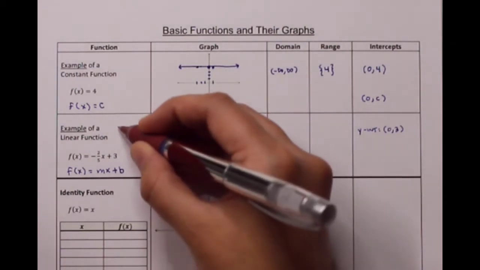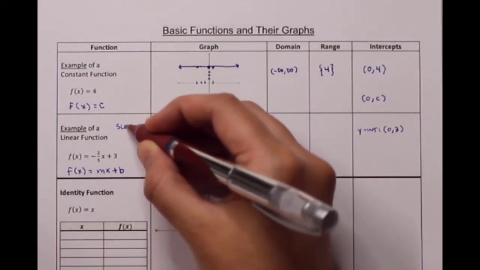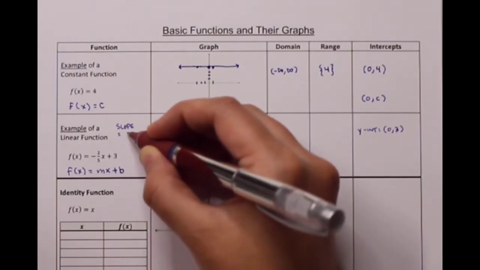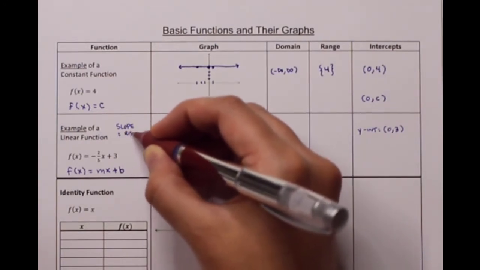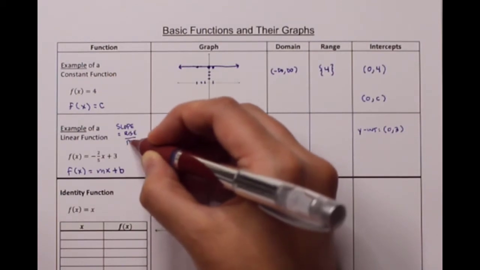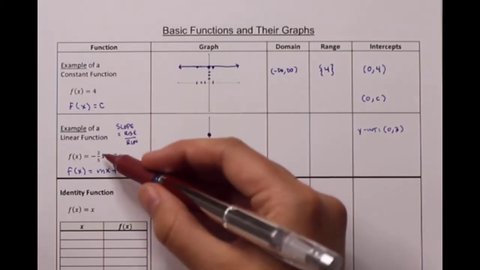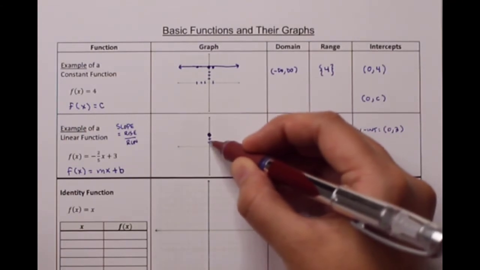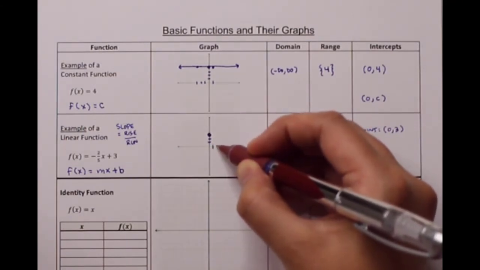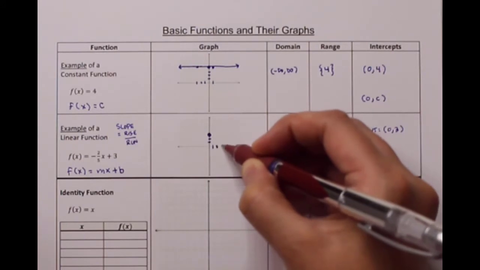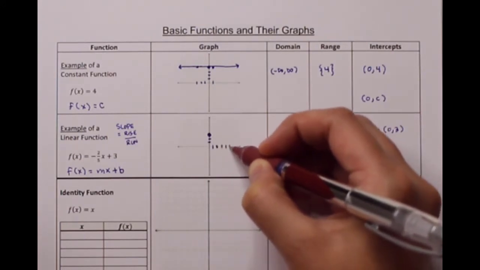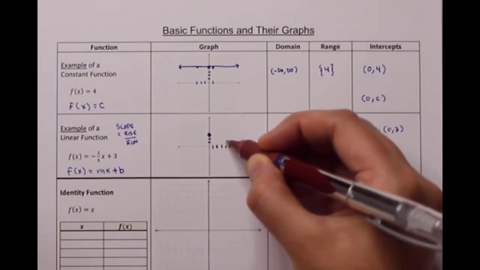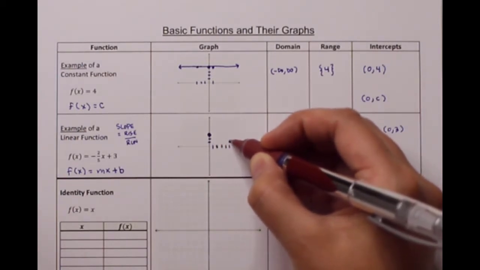Slope means that we rise and run, or in this case, because it's negative, we're going to drop. We'll drop 2 and run 5. So from this point, we drop 1, 2, and we run 5 to the right. You always run right on the graph. So 1, 2, 3, 4, 5.